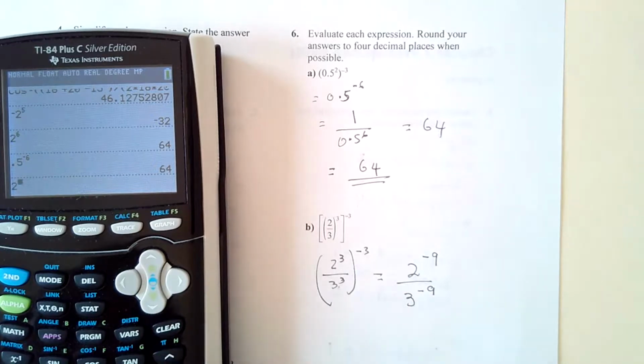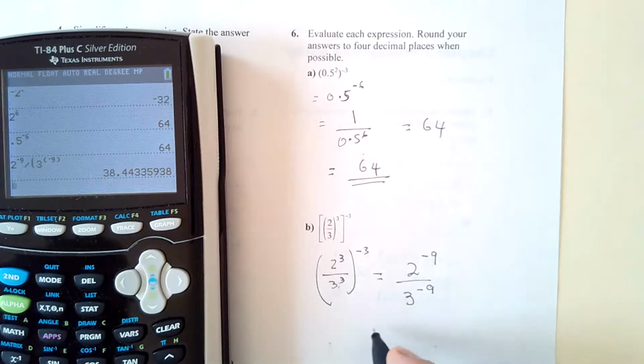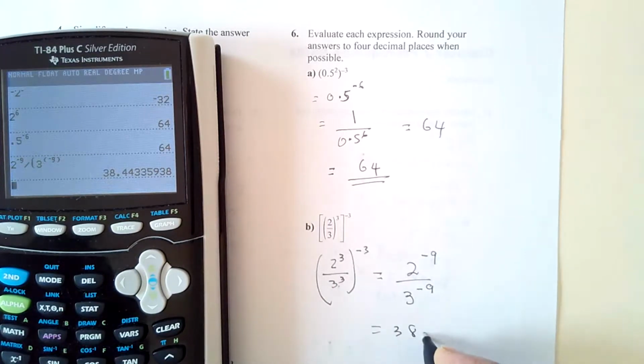Two to the negative 9, 2 to the power negative 9 divided by 3 to the power negative 9 gives me 38.44.